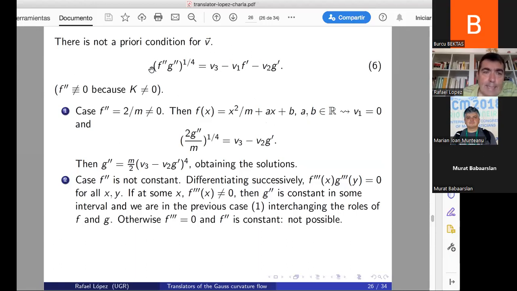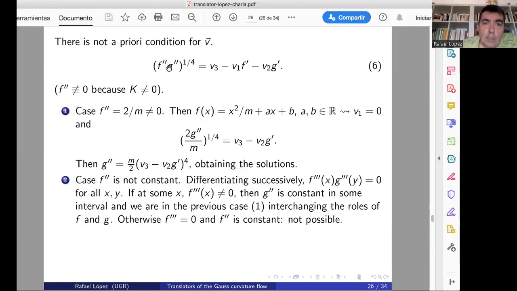You write the equation of the translator, and then there are two cases. The first case is when the second derivative of f is constant, then f is a parabola, and then you put it here, and you can solve completely.